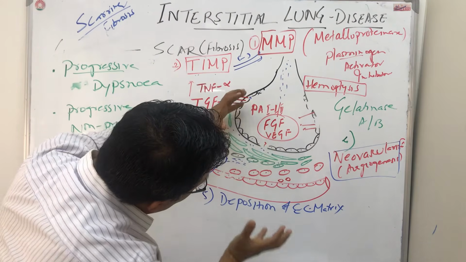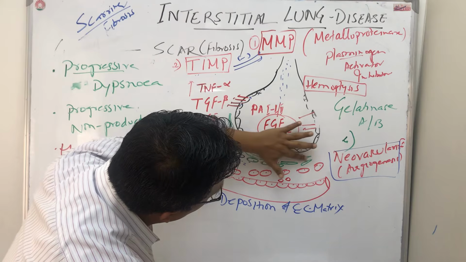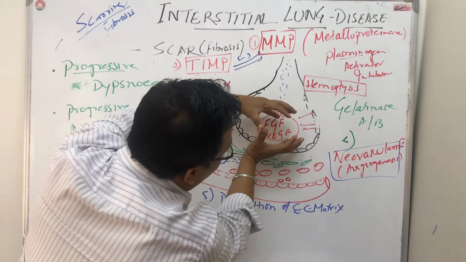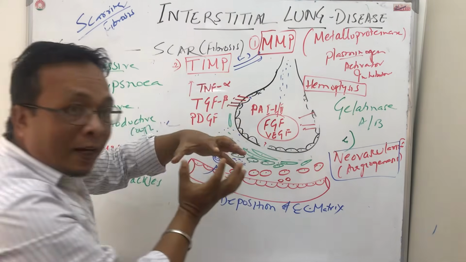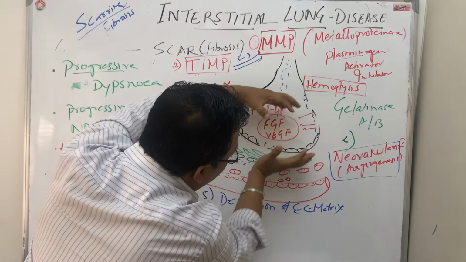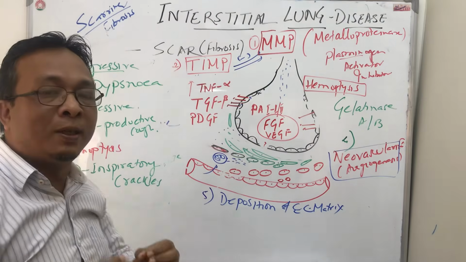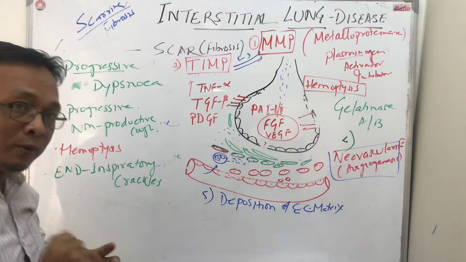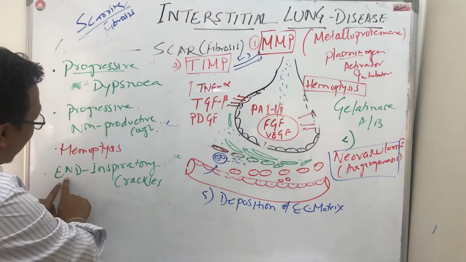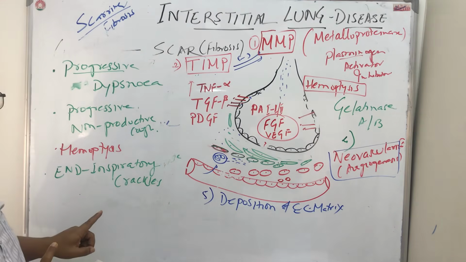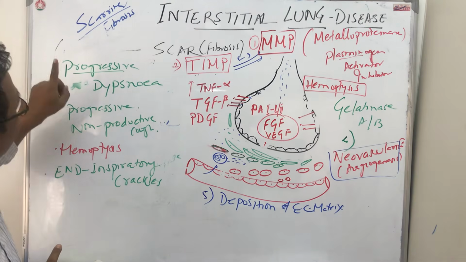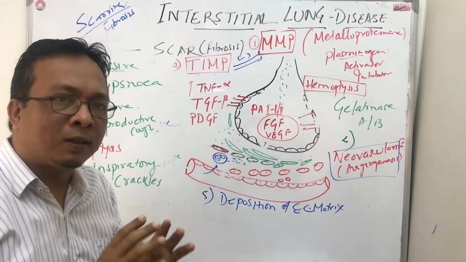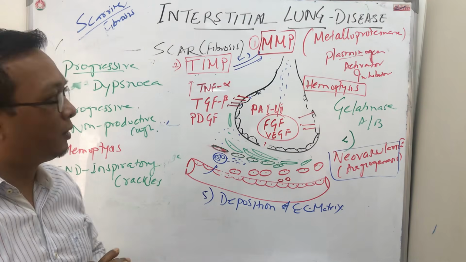When it becomes big and finally touches the layer of this scar tissue, it will make a sound, which we call crackles. So at the end of inspiration, when it touches this layer, it will make some crackles. So when you write in the exam, don't forget to mention end-inspiratory crackles. End-inspiratory crackles, progressive dyspnea, non-productive cough, hemoptysis are all common manifestations of interstitial lung disease.